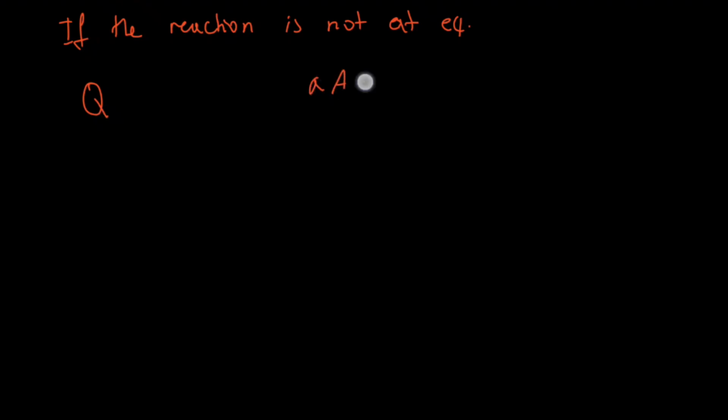And if the reaction is not at equilibrium, we write the same equilibrium constant, but we name it Q. Again, we have this kind of reaction, and we want to write an equilibrium constant.